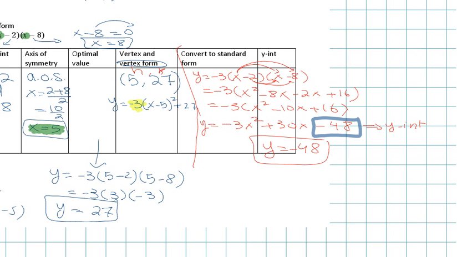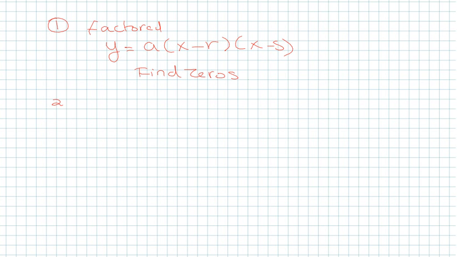Okay. There's our 5. y equals a(x minus r)(x minus s). What do you call this? Factored. What can I find from the factored form?